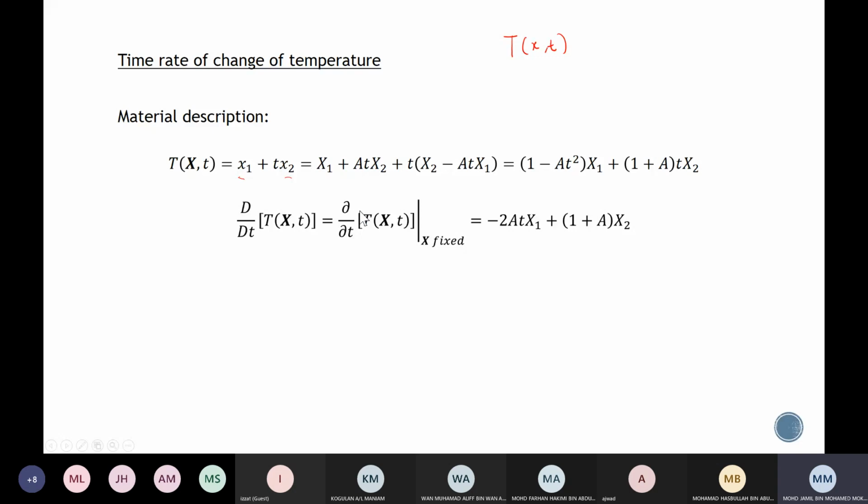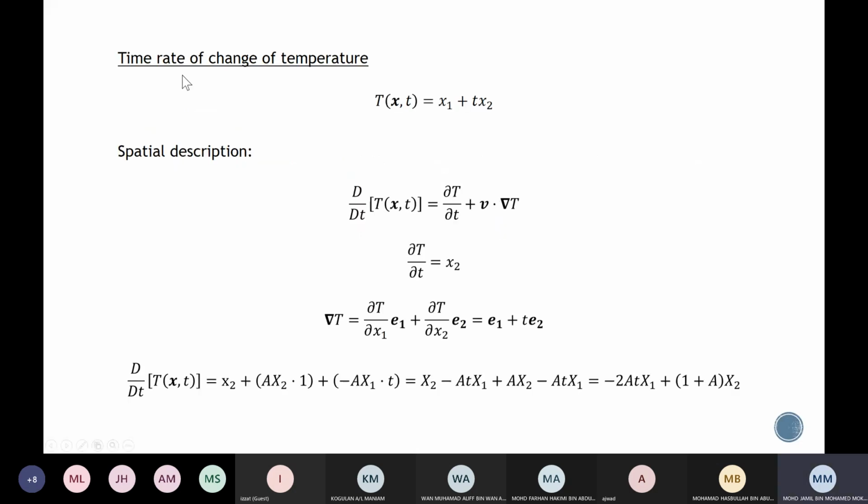And then to find the time rate of change of temperature in material description, you just differentiate this with respect to time. So you get negative 2aT X1 plus 1 plus a times X2. Okay. And then to get the time rate of change of temperature in spatial description, you just use the formula given earlier.